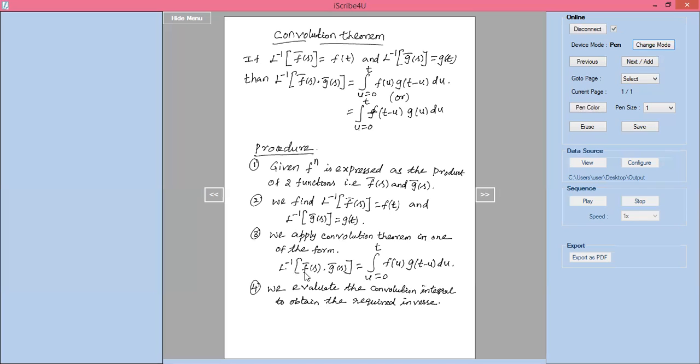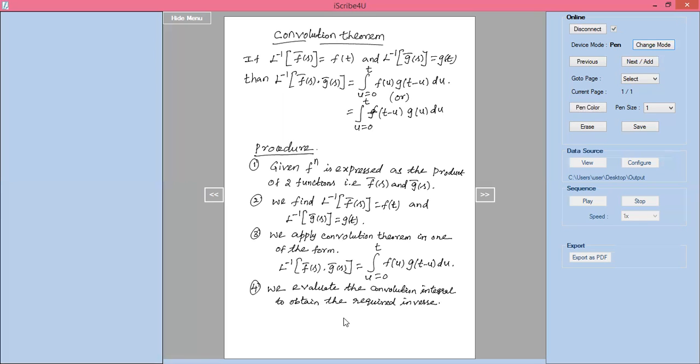L inverse of f bar of s into g bar of s equals integral from u equals 0 to t of f of u into g of t minus u into du. We evaluate the convolution integral to obtain the required inverse. I will simplify the problems using this procedure.